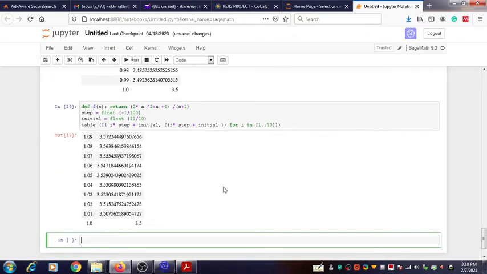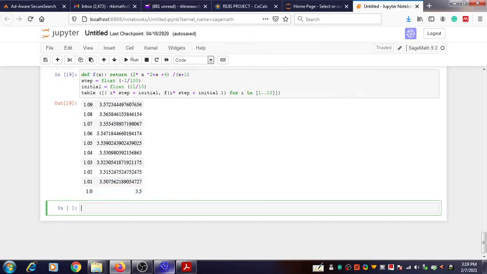Okay, we obtained the function values in the table immediately. You can see the x values are reducing step by step from the starting value 1.1, and finally it ends at the point 1, and there we got the value 3.5.